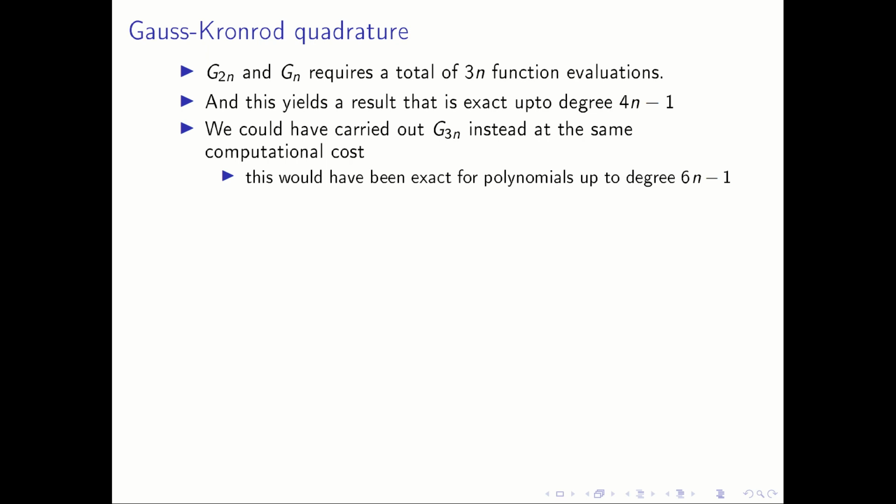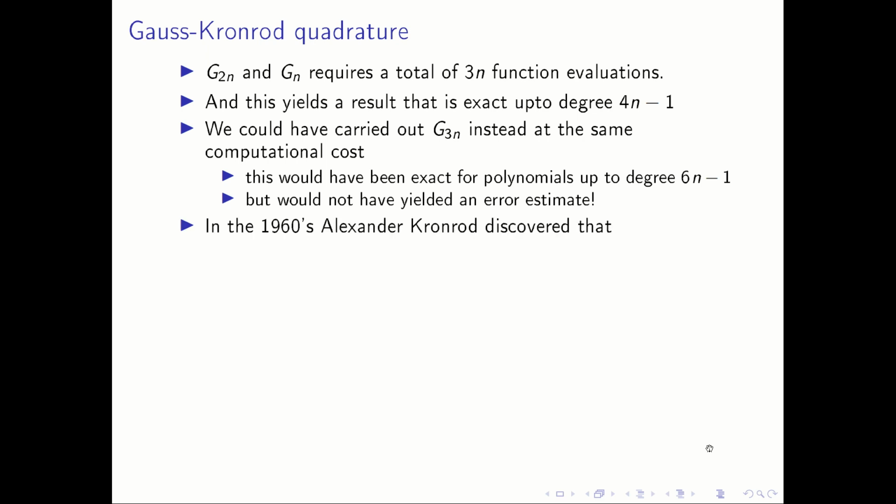So unless you are very confident that your function is well estimated by a polynomial up to degree 6n minus 1, carrying out G3n instead of G2n and Gn ends up being a bad idea, because you have no clue how bad your final result is. So any steps that you might take to correct things if things are going bad will not be available to you. So no error estimate.